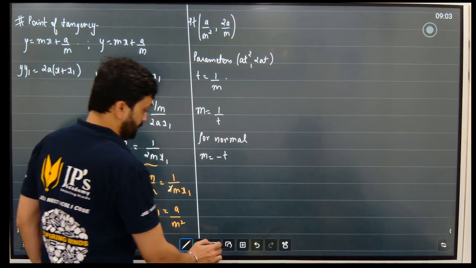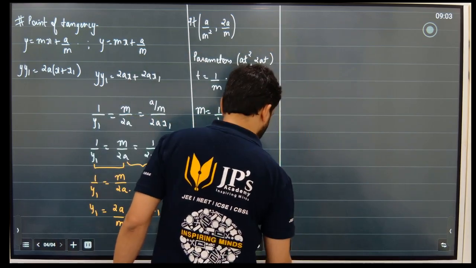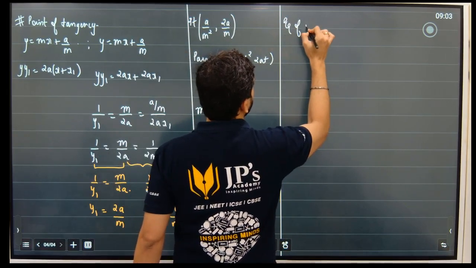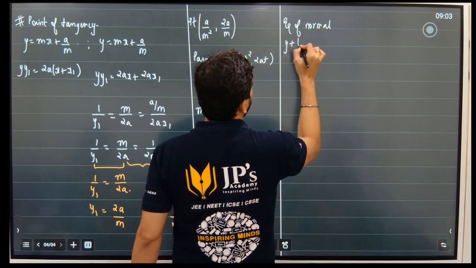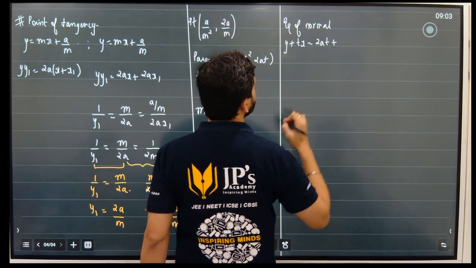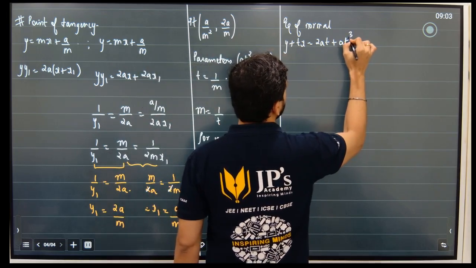Now if you can just brush up, yesterday we found the equation of normal: y plus tx is equal to 2at plus at cube.